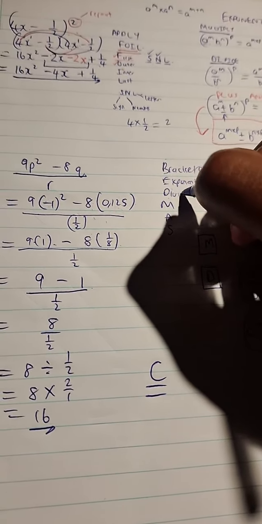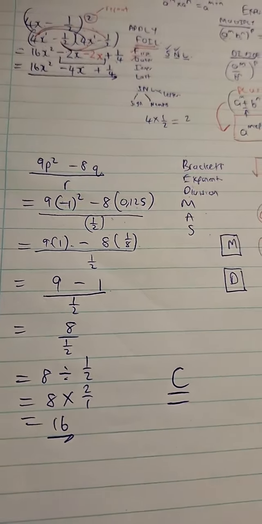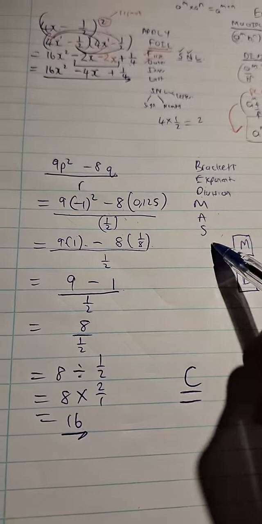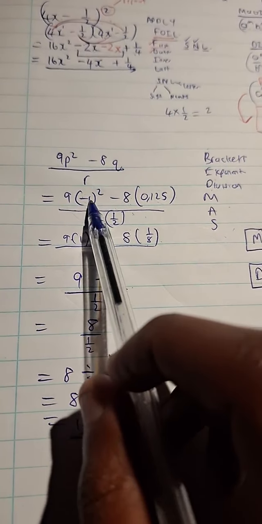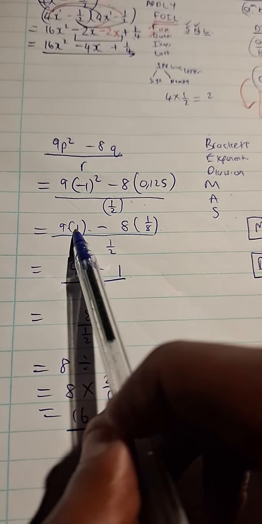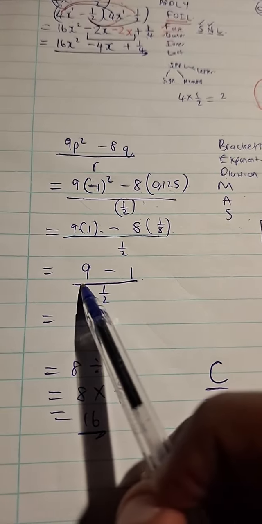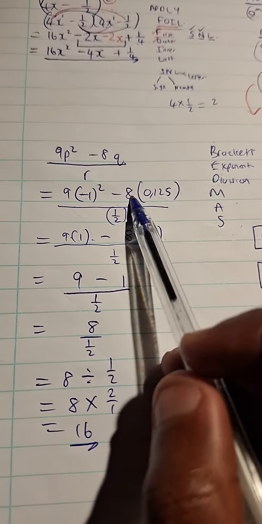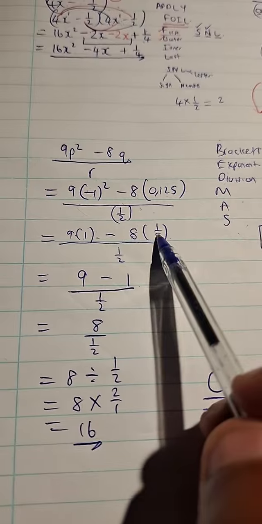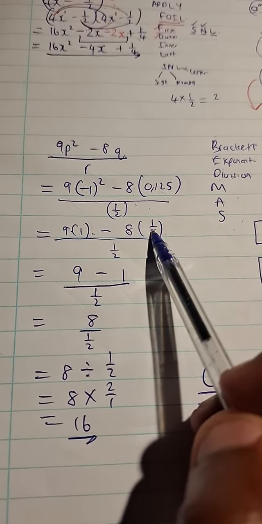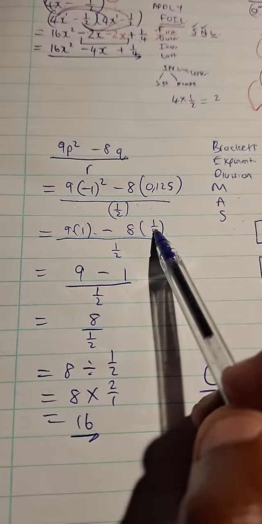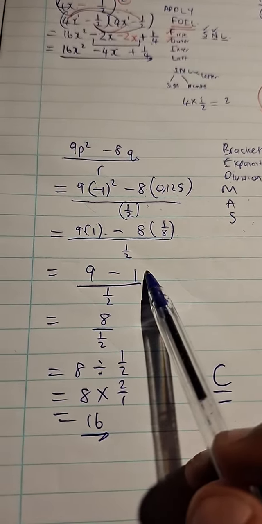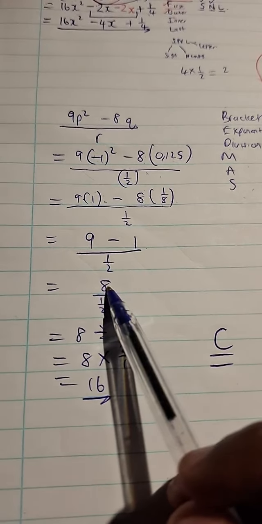Then D means division, then M multiplication, A addition, S subtraction. So this -1 squared becomes 1. Then this 9 times 1 gives us 9. Then here -8, 0.125 is actually 1 over 8. Then the 8 times 1 over 8, what does it do? It gives us 1. So 9 minus 1 gives us 8 there.